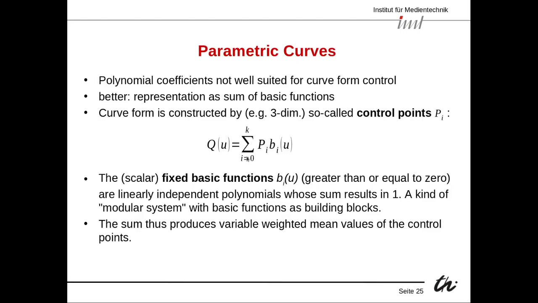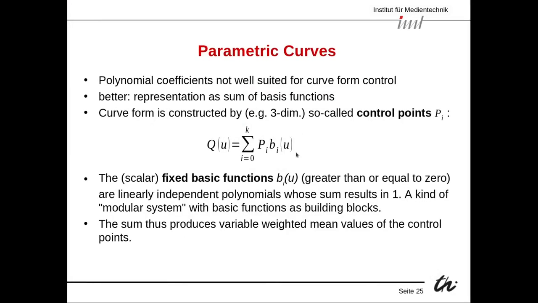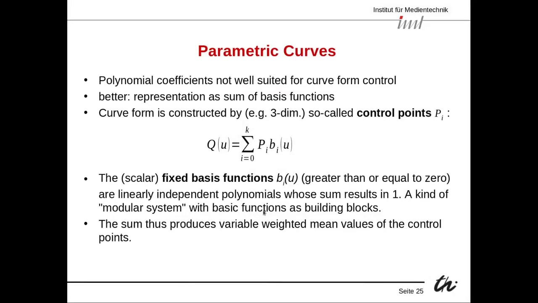And we can see here we have now k plus 1 control points and the same number of different polynomials, b_i. Maybe I should call these basis functions here. These are scalar fixed basis functions. So these b_i are given, they are fixed, and that's why they are called basis functions.